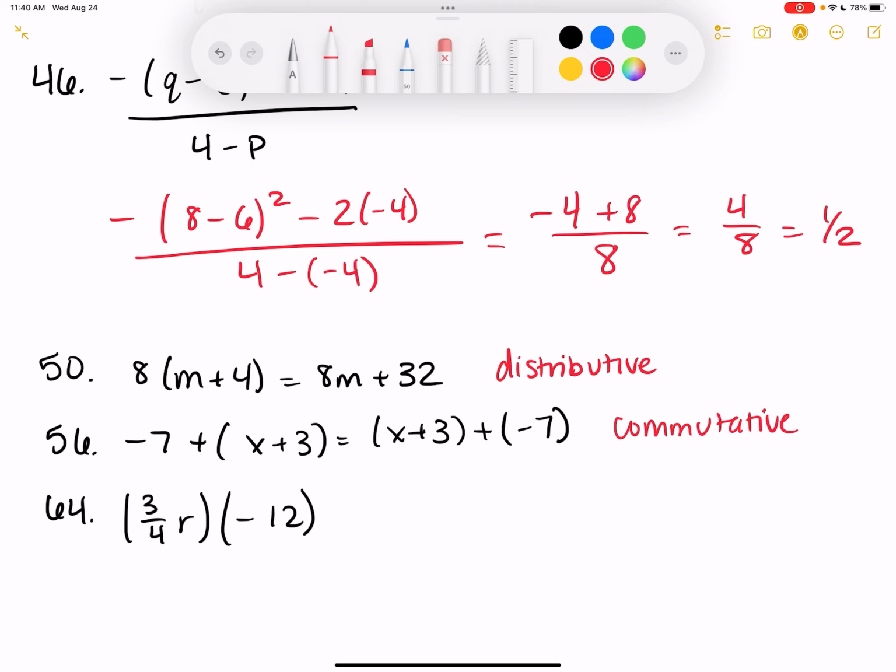We're just reducing it down as far as possible. Look, watch. Cross out the 4. Make that a 3. The 12 is on top, the 4 is on the bottom. Got it. So then it is -9r.